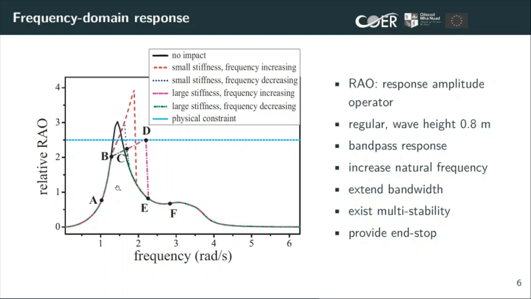When the frequency increases, we can see the locus goes from A to B, C, D, E, F. But when the frequency decreases, the locus goes F, E, C, B, A. So between the points C and E, there exists multi-stability.